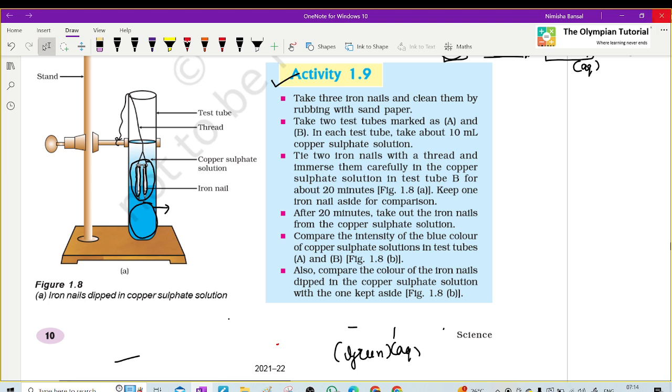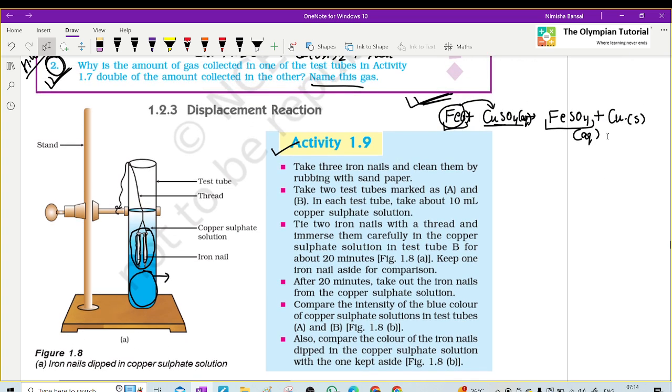Tanya, suppose in the examination you get this topic as a long question. Then you have to prepare this diagram also. So prepare this diagram in your notebook after the class.